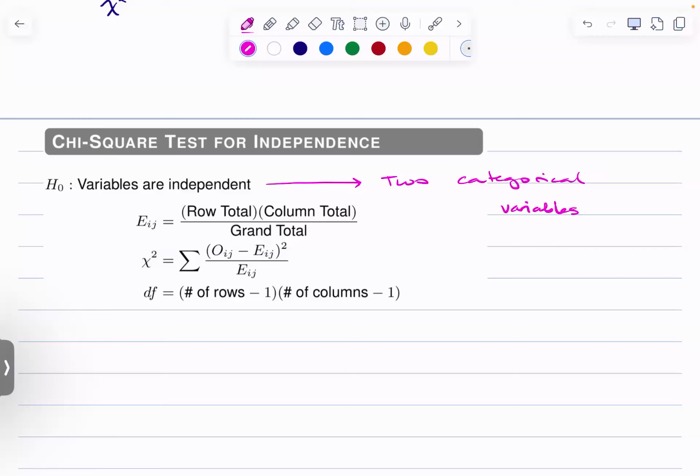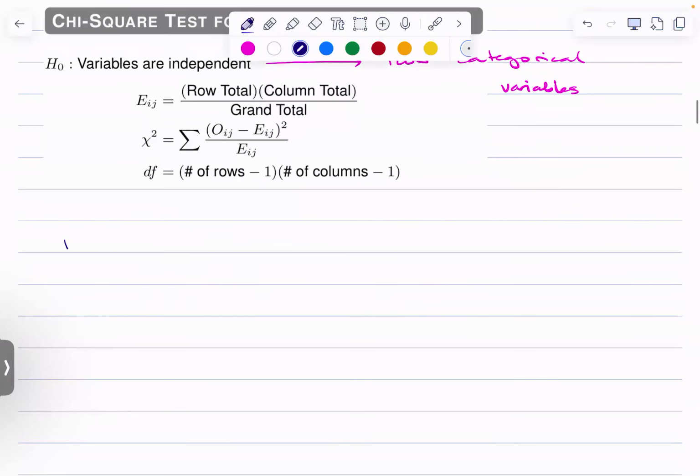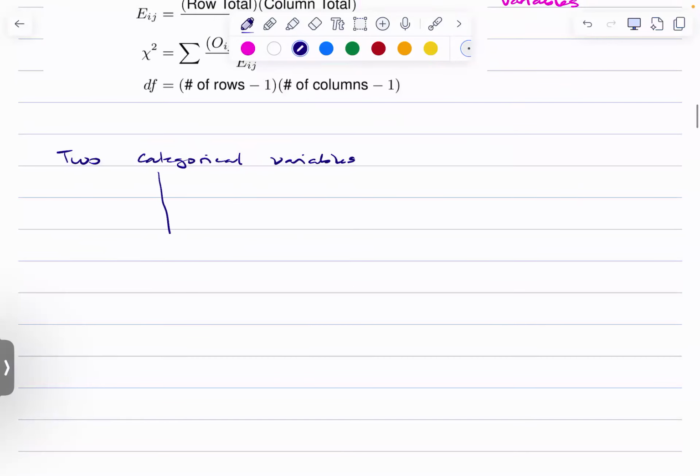We've seen that before, right? We've seen that kind of 2 categorical variables. What did I have on the test?